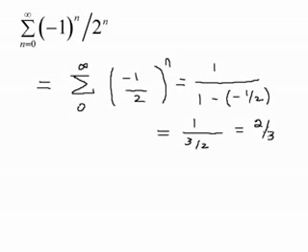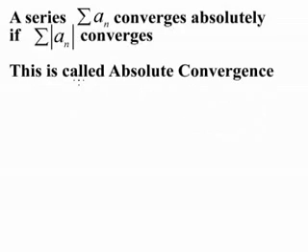It converges to 2/3. And what we see is that the r in the geometric series, the constant factor, is less than 1 in absolute value. We require r to be less than 1 in absolute value in order for the geometric series to converge. So this series converges by the geometric series theorem as well as by the alternating series theorem.